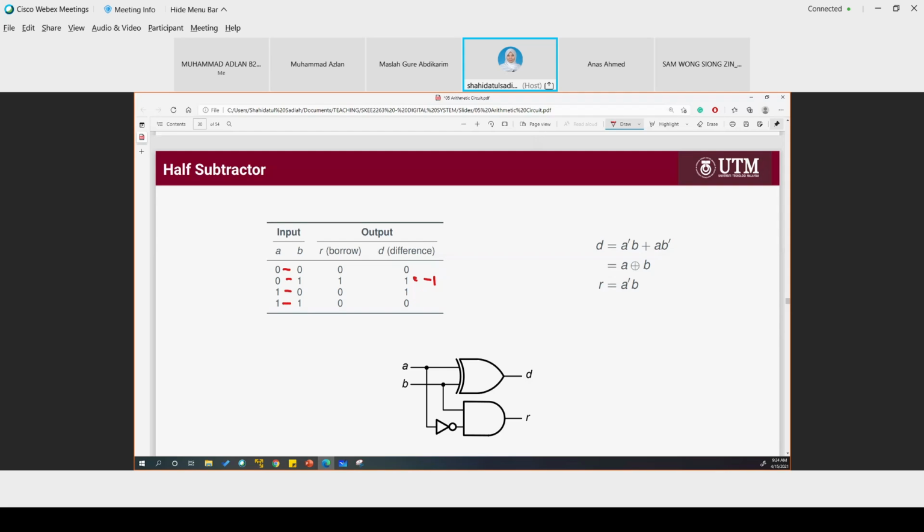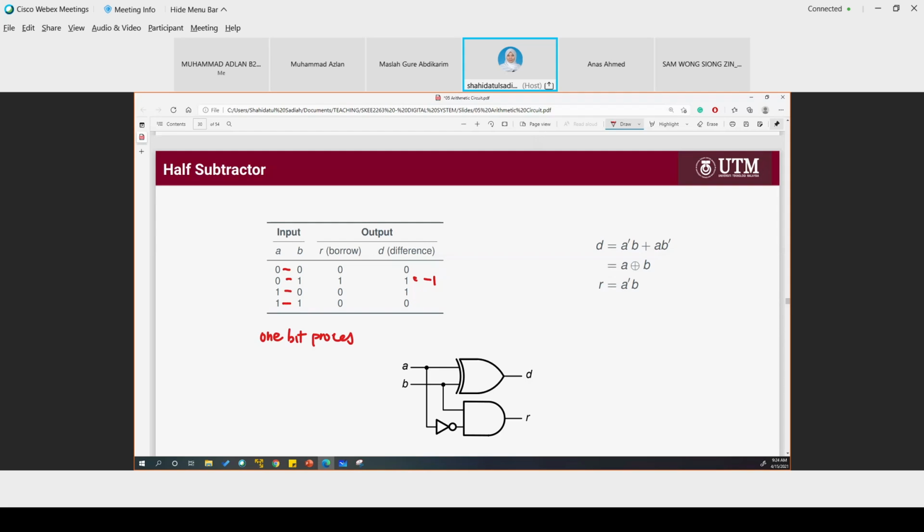So this is a 1 bit process. We call this a half subtractor, like the 1 bit process of the adder, which we call the half adder. So the 1 bit process of the subtraction is a half subtractor.